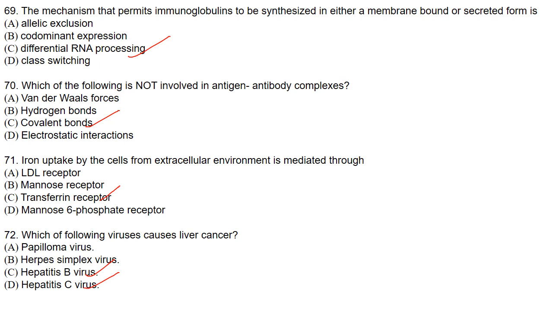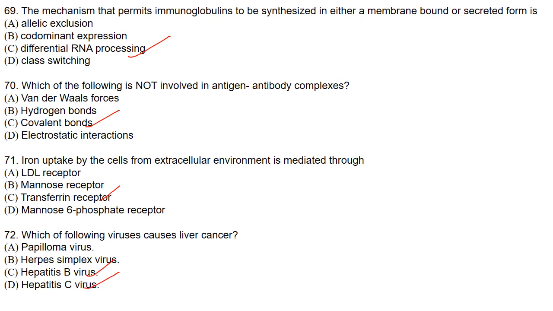Ion uptake by the cells from extracellular environment is mediated through. So transferrin receptor. It is transferrin receptor that is involved in iron uptake from extracellular environment. Then, which of the following viruses causes liver cancer?